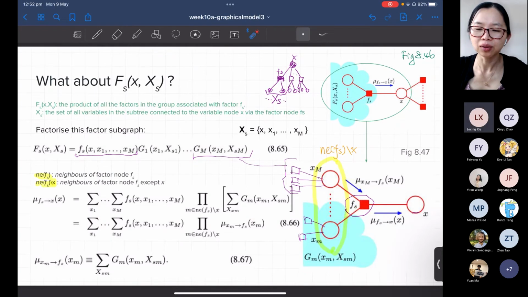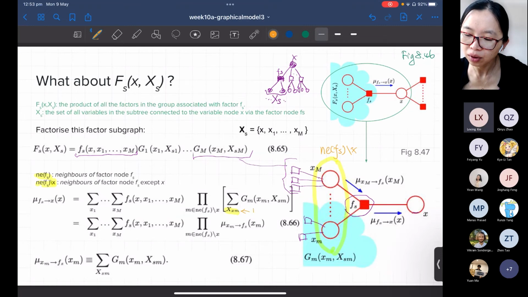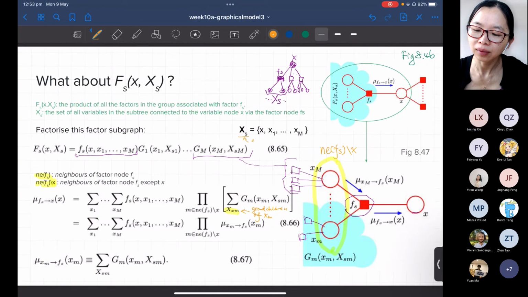The notation here, big X of x_m, is basically referring to the nodes that are grandchildren of x_m, whereas these are grandchildren nodes of the original node x.